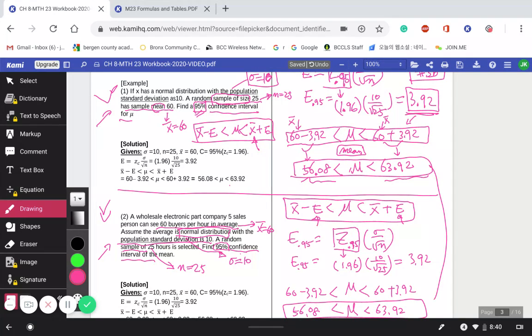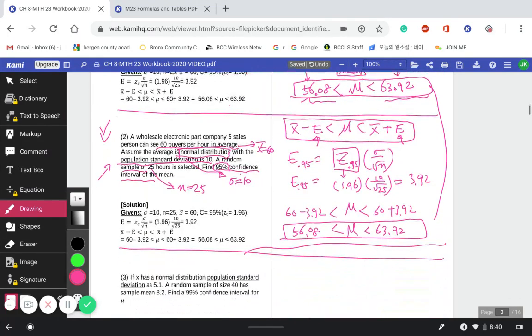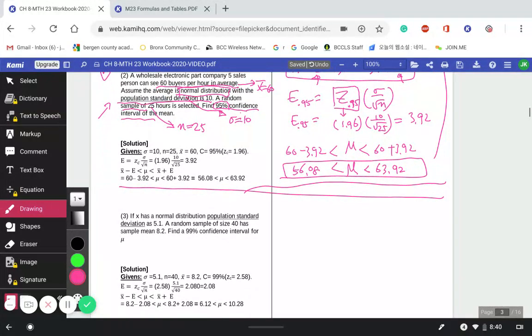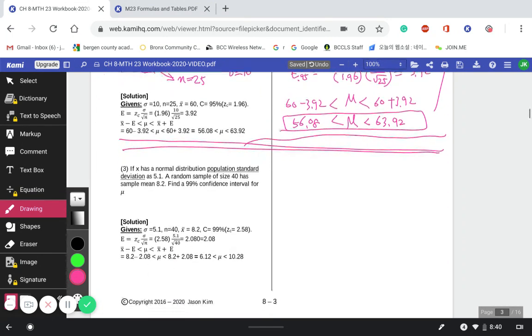Does anybody have any questions on this? Okay, so those are the first examples of when sigma is known, how we estimate the mean values with the confidence level. Now let's look at another example.